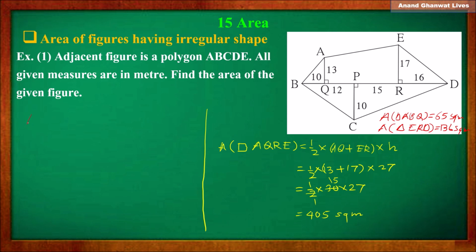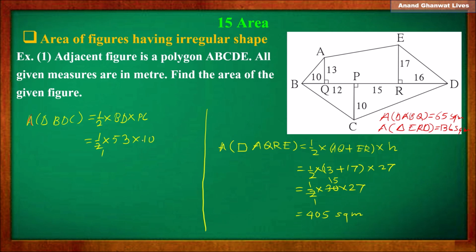So 1/2 into BD, BD is 10 plus 12 plus 15 plus 16, that is 53, and PC is 10.